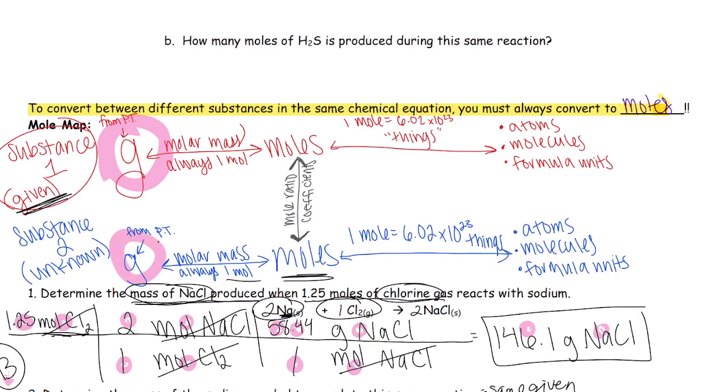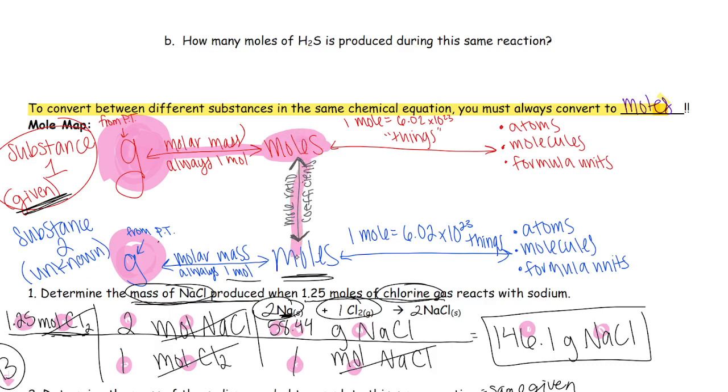So what you can do with your mole map is route yourself from one step to the next. I can't go just from grams to grams. So how am I going to get there? From grams of NH4NO3, where do I need to go first? Moles of what? NH4NO3. Good. Then from moles of NH4NO3, where can I go?